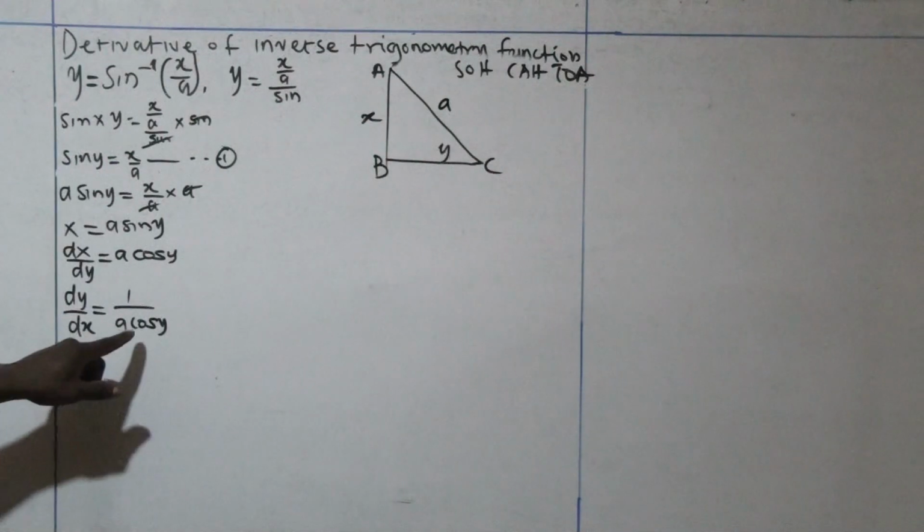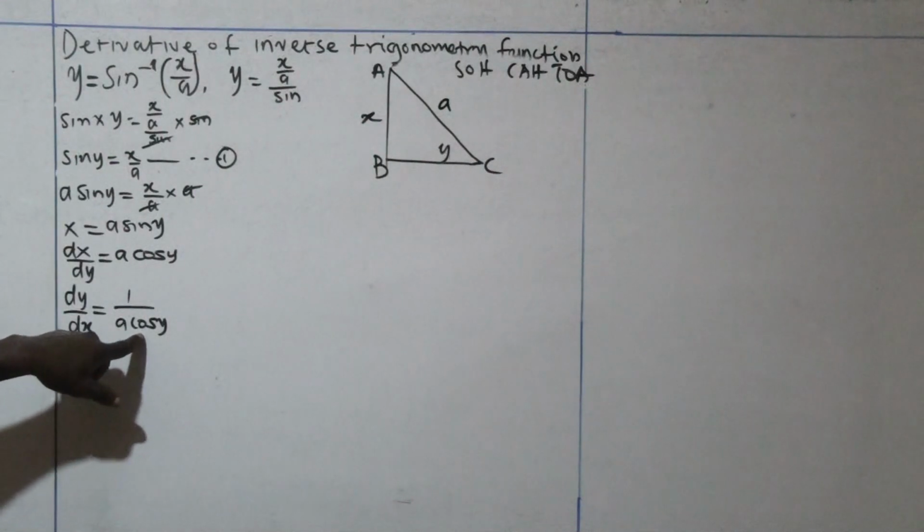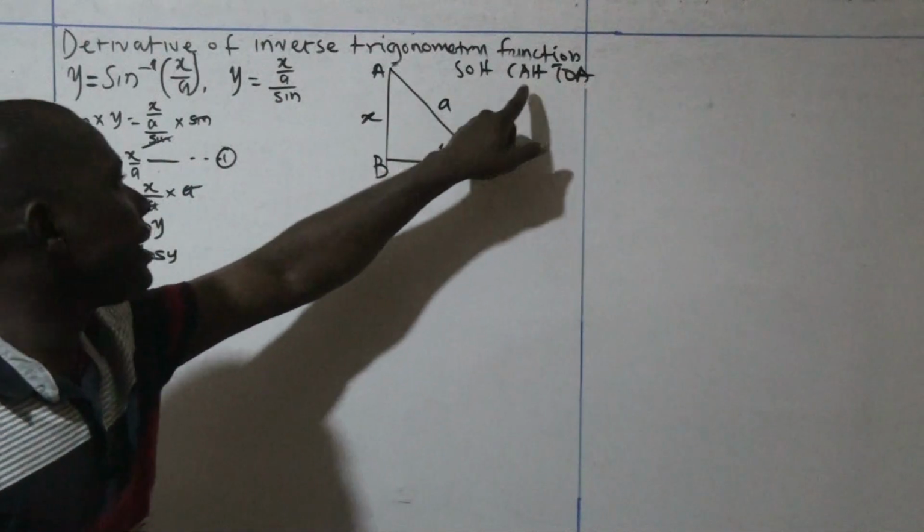If we are looking for cos y, it will be adjacent over hypotenuse.